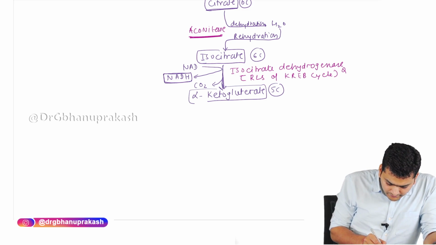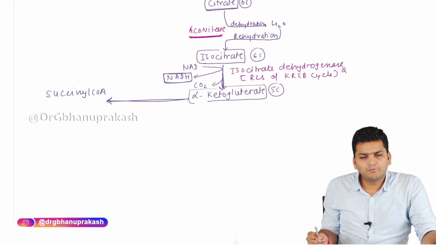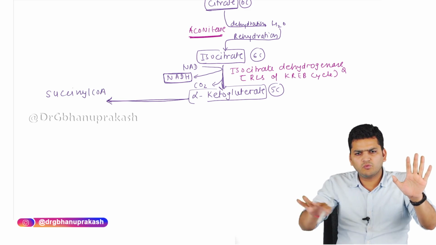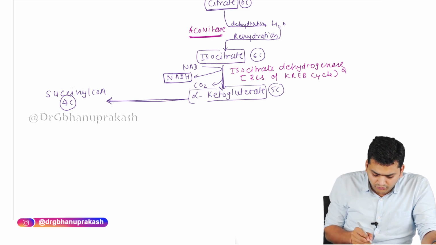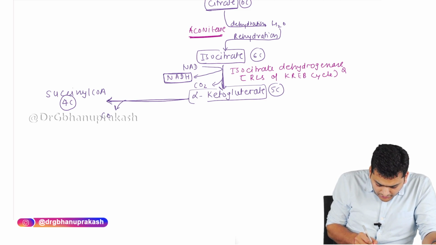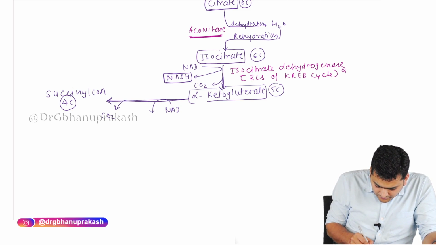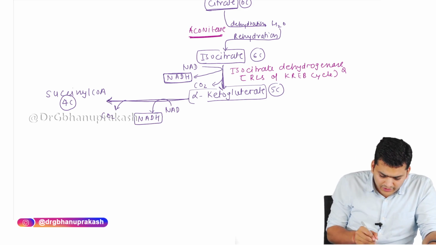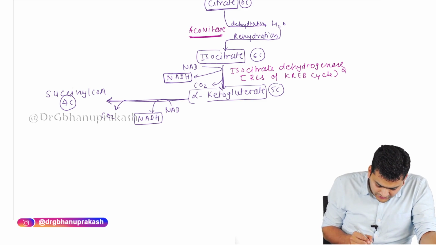Then this alpha ketoglutarate is going to convert into succinyl-CoA. We know that alpha ketoglutarate is 5 carbon, and down the line everything is 4 carbon. So succinyl-CoA is a 4-carbon molecule. 5 carbon converting into 4 carbon means we need to remove 1 carbon dioxide. In this reaction also, NAD converts into NADH, so the name of the enzyme is dehydrogenase.